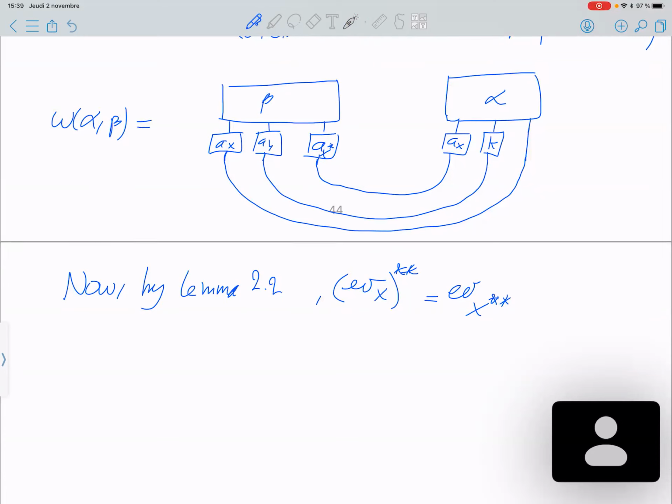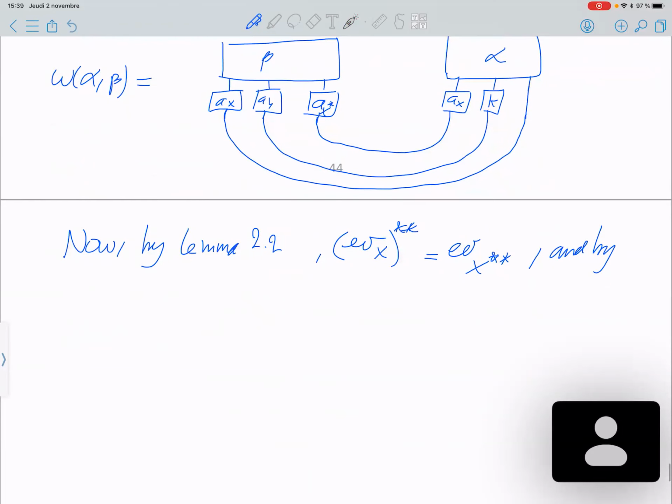And by pivotal structure applied on FX, you take the double dual. We have the double dual here.